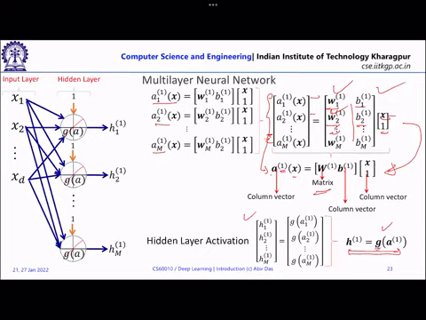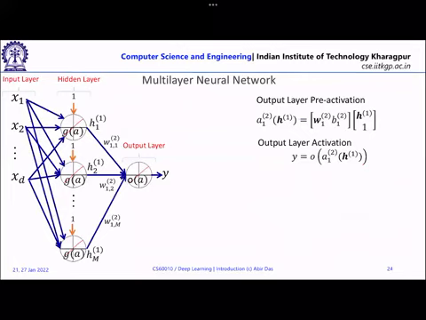It is not just G times A or anything. This just means that the first element of A1 goes through, say, sigmoid, where G is sigmoid. The second element of A1 goes through the same G and gives you this H2. All these you are just collecting.